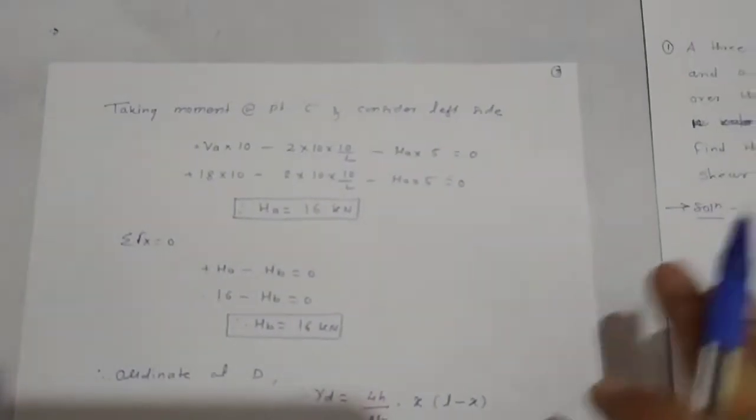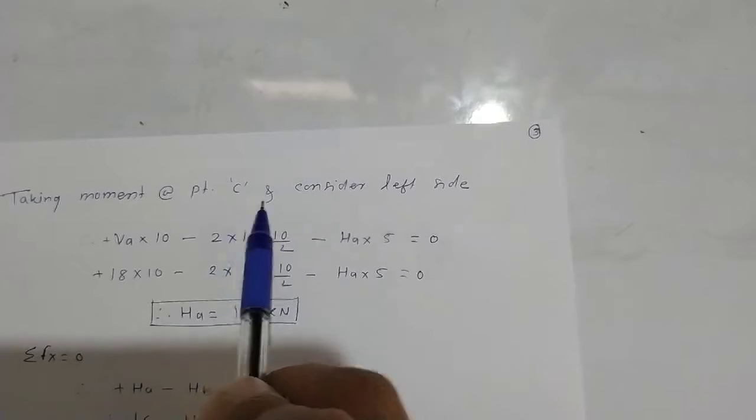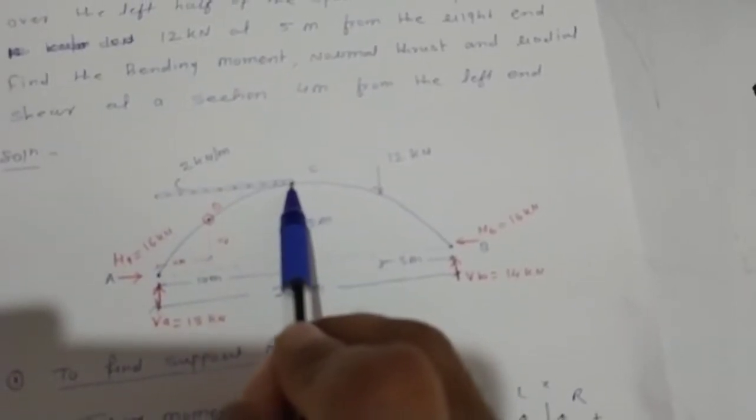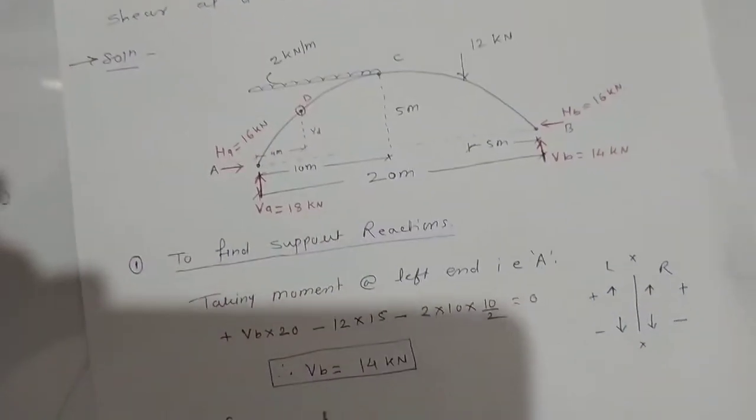Now next, we will calculate the horizontal reactions. We will take the moment about point C and consider the left side. This one is our point C. We are taking moment about point C and considering the left side to find out the horizontal reactions.